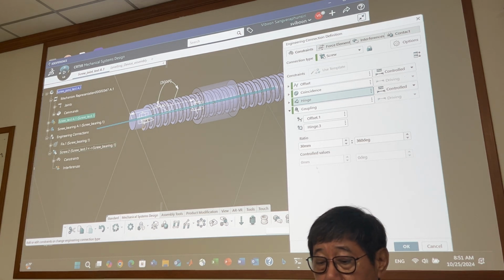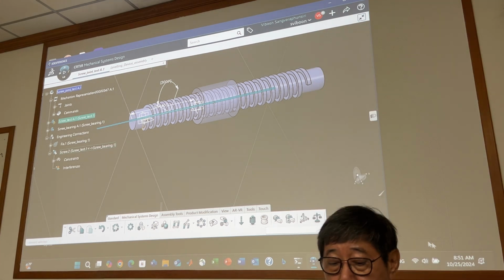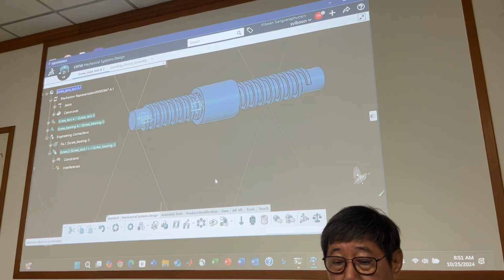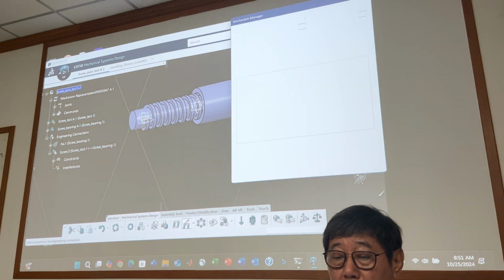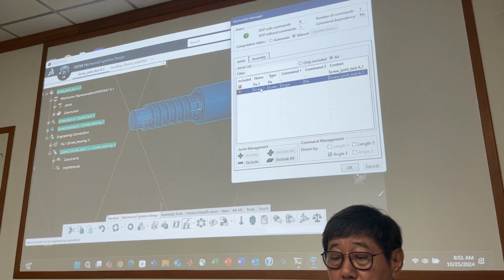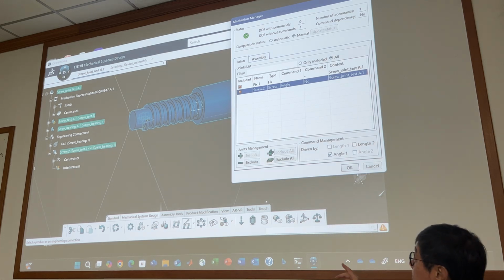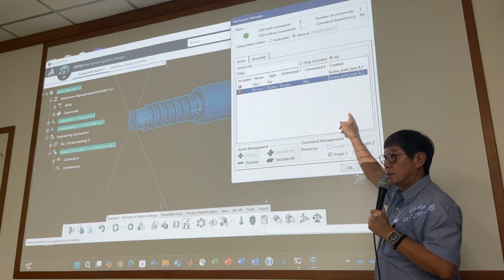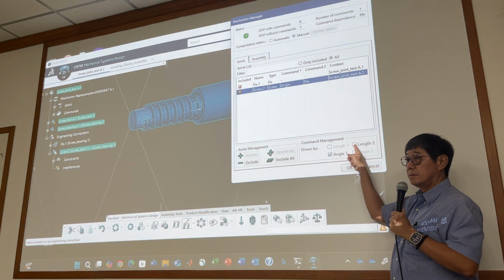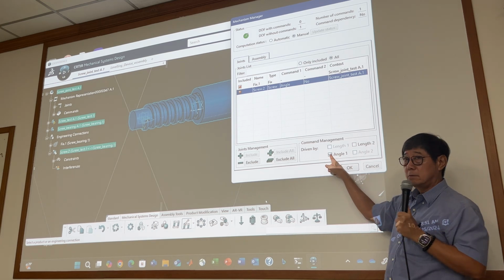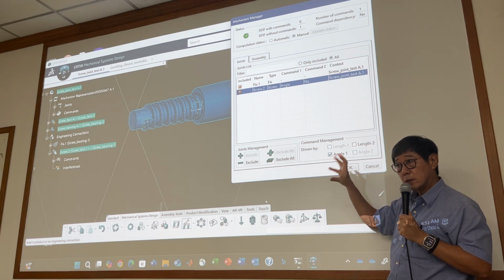So in this case, you look at this one. I select. You see, this is screw. There are two of them. I select angle as an input, as a control.